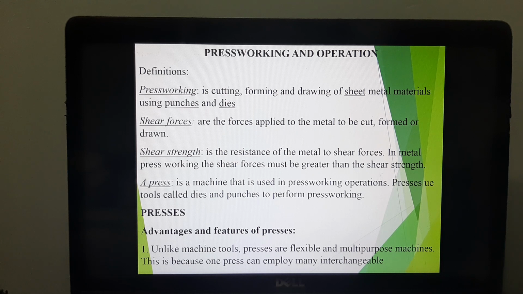If you look at the definition again, press working is cutting, forming and drawing of sheet metal materials using punches and dies. Just from the keywords, you see the word cutting. So press working has normal forming and drawing where you need not fracture the material. That is BC of the stress strain curve.